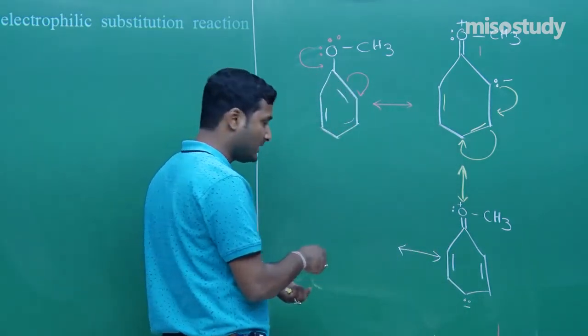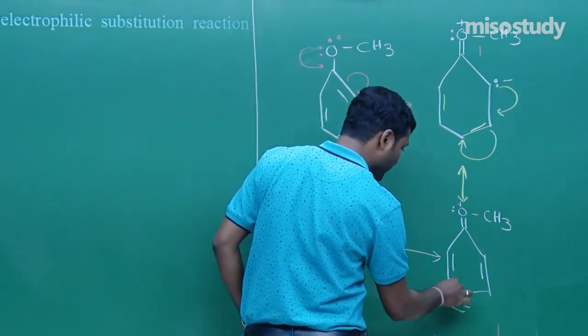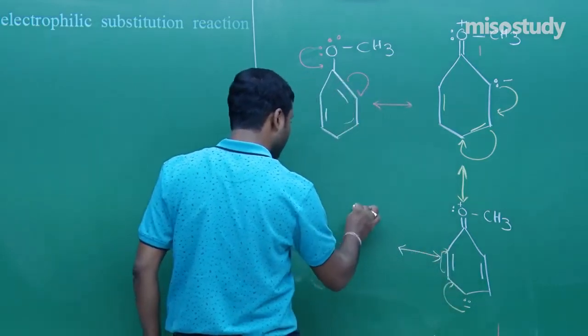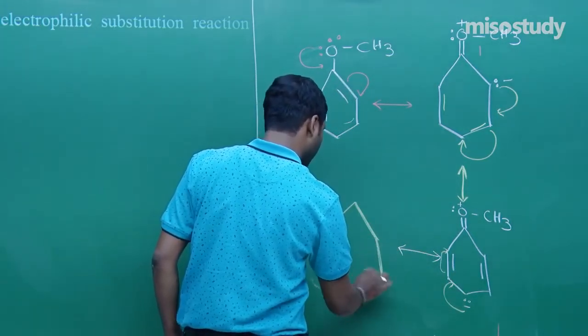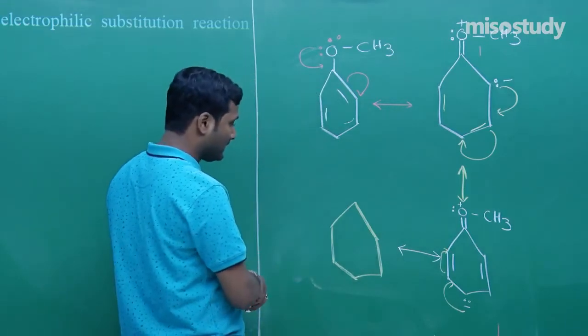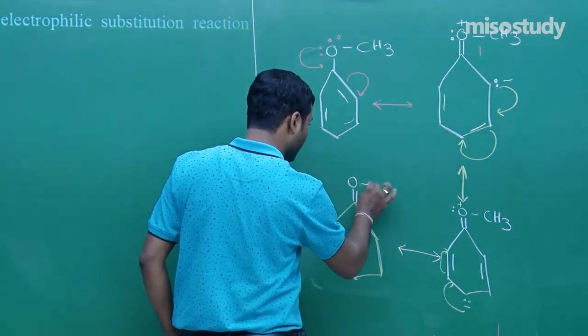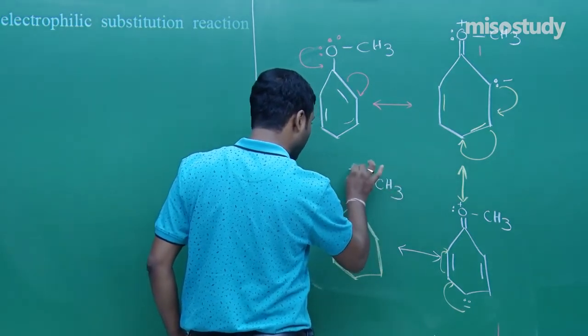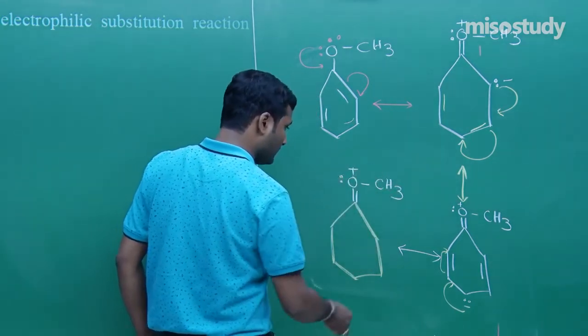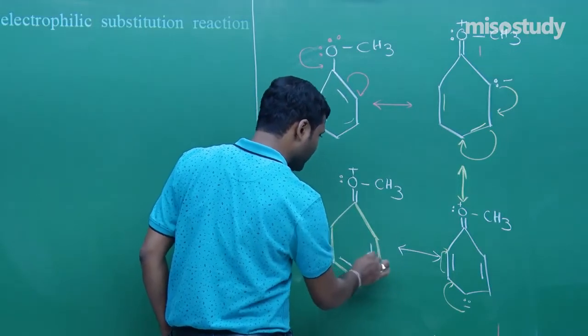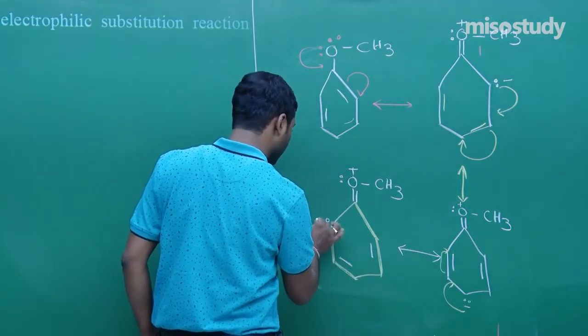Now again, what is the next one? The next one is very simple. This one will move here and this one will move here. So the next resonating structure in this case is double bond O, then CH3 plus, then this one will move here, and this one here with a minus sign.